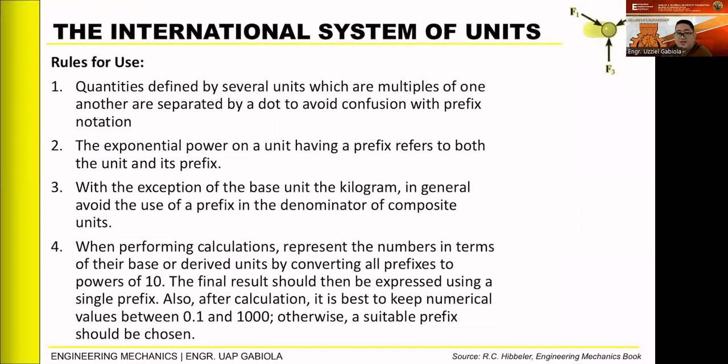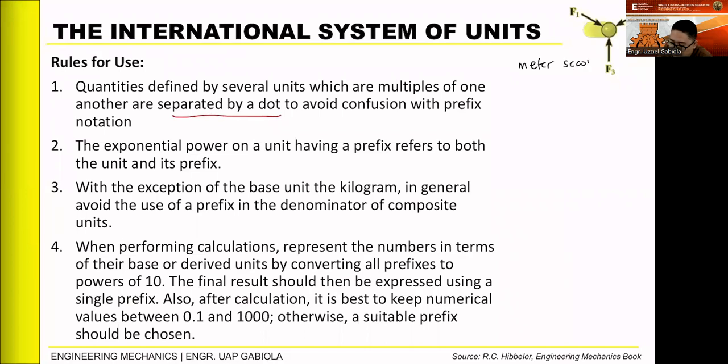Rules for use natin. So, ilan lang sa mga kailangan natin tandaan. Quantities defined by several units which are multiples of one another are separated by a dot to avoid confusion ng prefix natin, no? So, halimbawa, ang gusto nating sabihin is meter second.